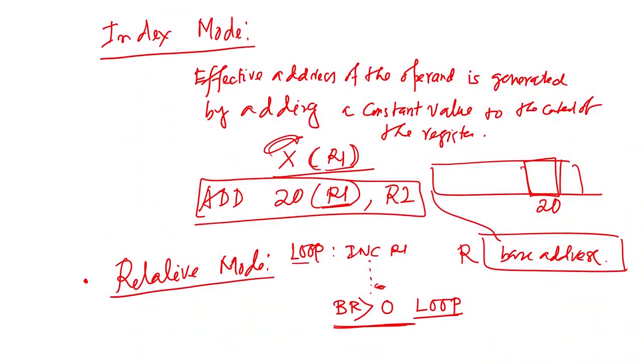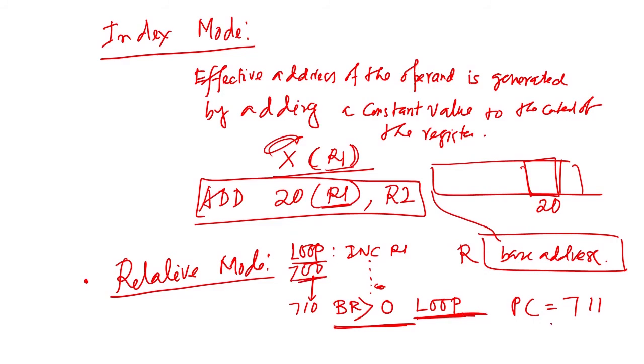Why relative mode? What about the values here? Let us say this value is 700, okay, and this value is let us say 710. So, the difference is here 10. As the program counter holds the next instruction to be executed, let us say the next is 711, but it is pointing you should go to the loop 700.